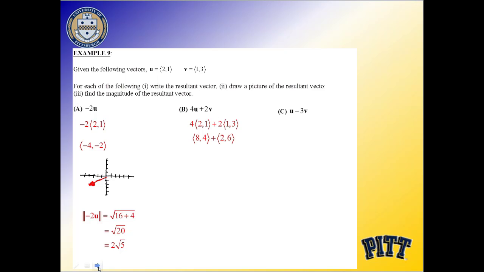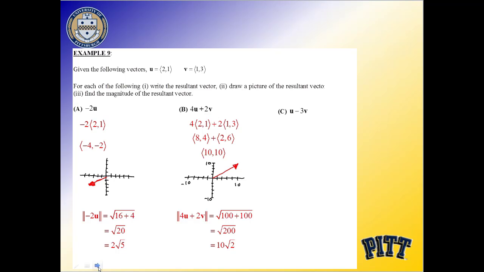So I'm going to add the 8 and the 2 to get a 10 in the first position. I'm going to do the same thing with the 4 and the 6. So this vector is going to be 10, 10. Drawing that, it will look something along the lines of that. As far as the magnitude goes, just perform the Pythagorean theorem using 10 as the two leg values. I'll get 10 times the square root of 2 as my overall rationalized magnitude.